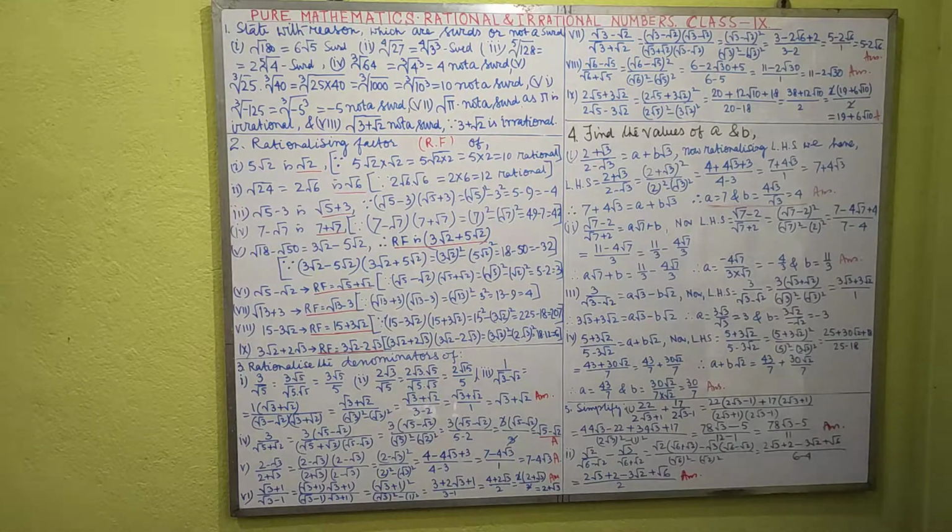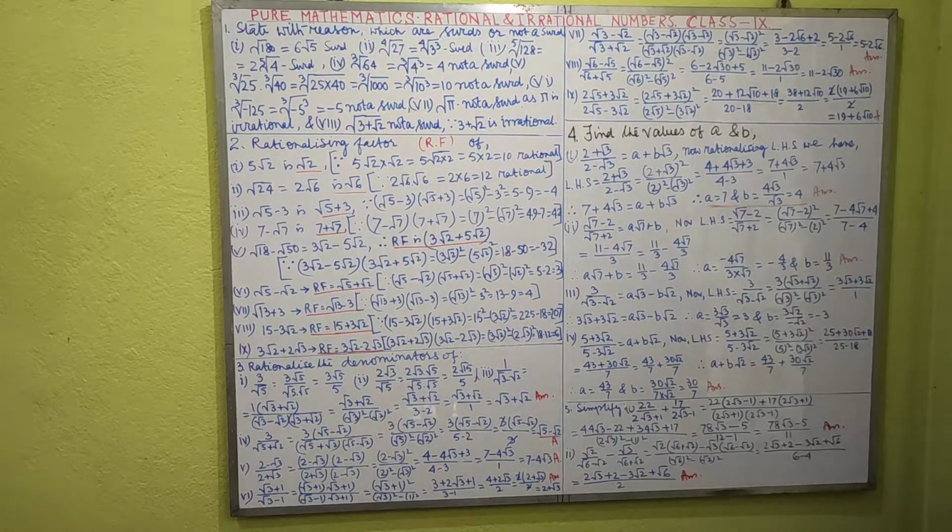Now rationalizing factor, RF. In case of number 1, 5 root 2, if we multiply this with root 2, it will be a complete number, a natural number, 10. So its rationalizing factor is root 2.